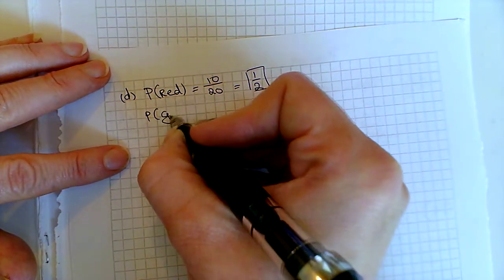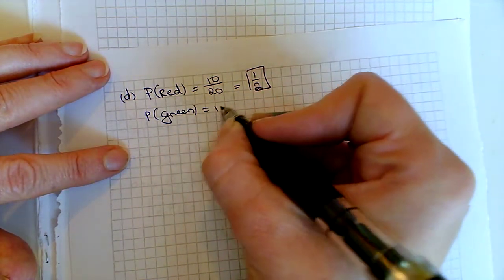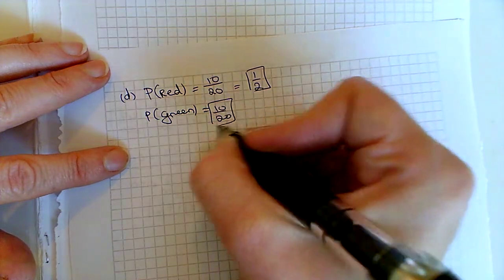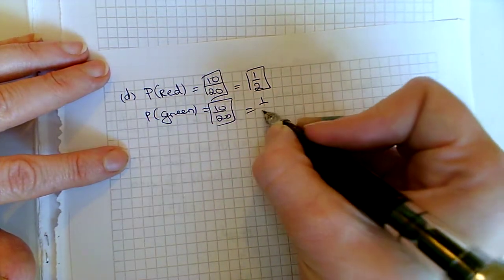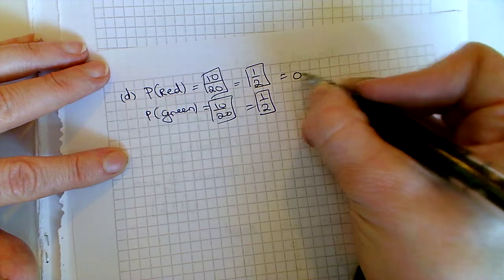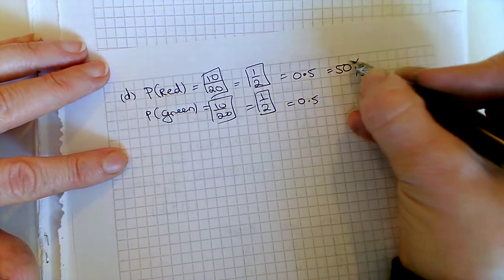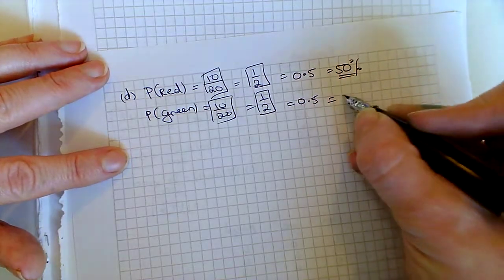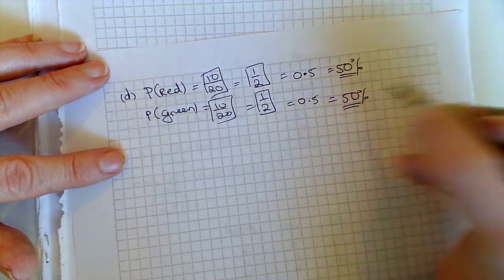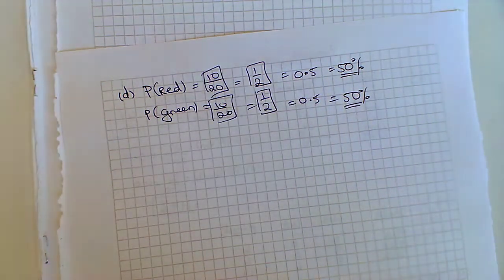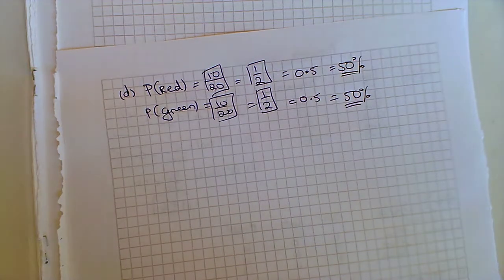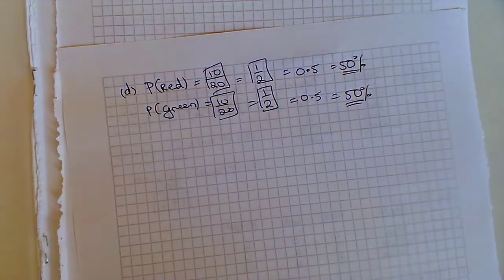And the probability of picking a green sweet was also 10 out of 20, which was a half, or 0.5, or 50%. So why didn't we get exactly a half? Because it's random, and you kept putting them back. So if you didn't replace them, you'd get exactly half and half.